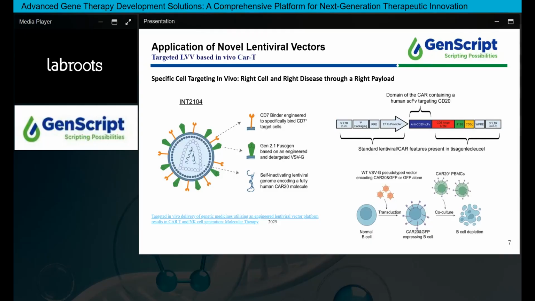The data is compelling. A single intravenous dose of INT2104 can generate a very powerful army of both CAR T and NK cells inside the body, capable of effectively depleting targeted B cells. The beauty of this therapy is there is no need to isolate T cells from the patient.